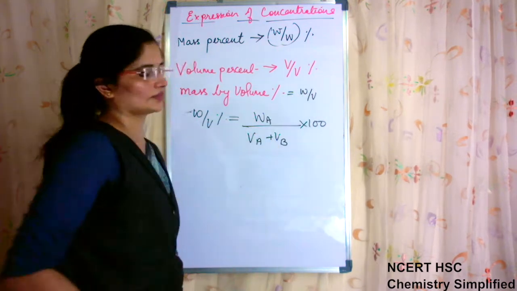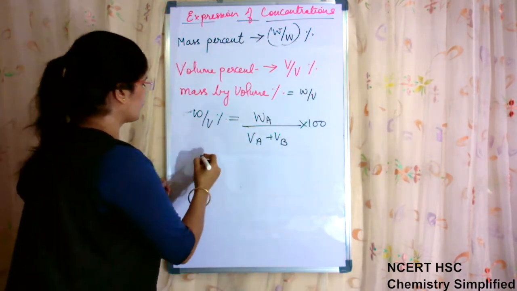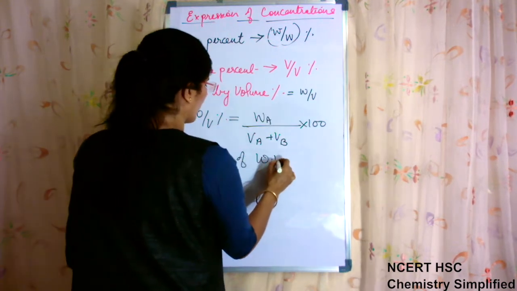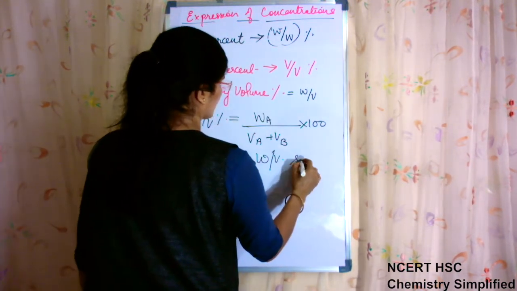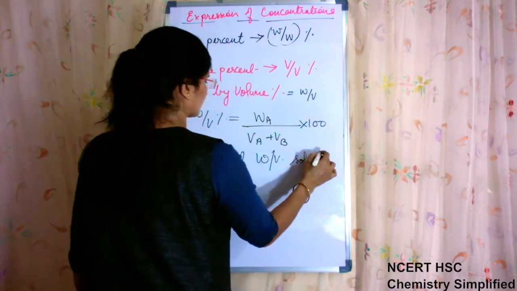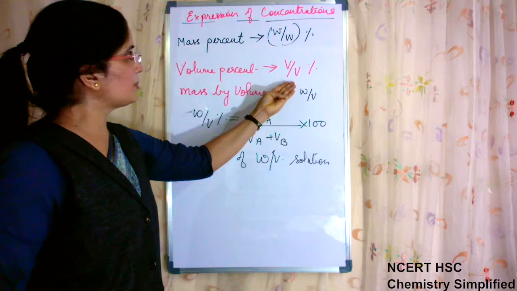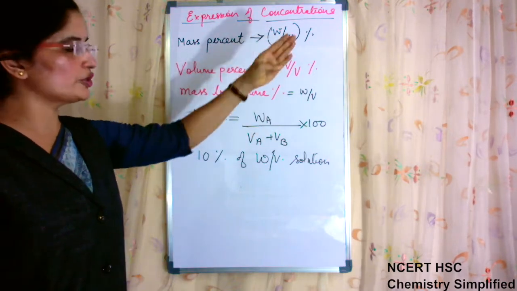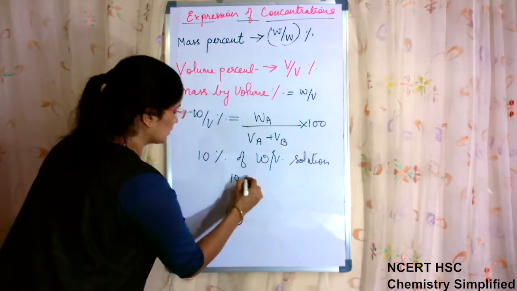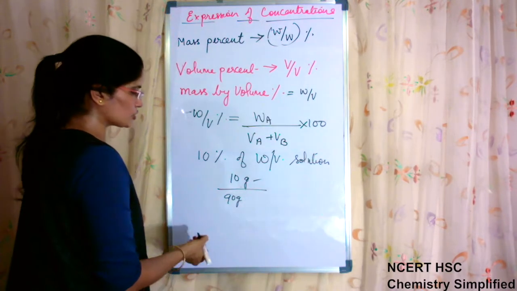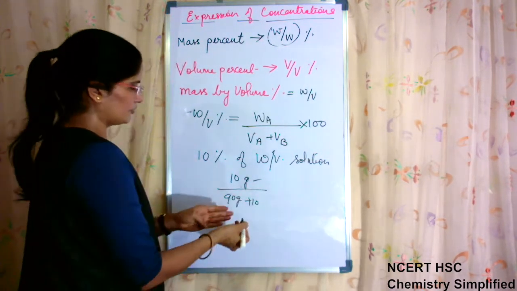That means if you are asked to prepare a 10% W by V solution: generally when we were asked for a 10% V by V or W by W solution, what were we doing? 10 grams of solute dissolved in 90 grams of solvent, plus 10, we were taking.